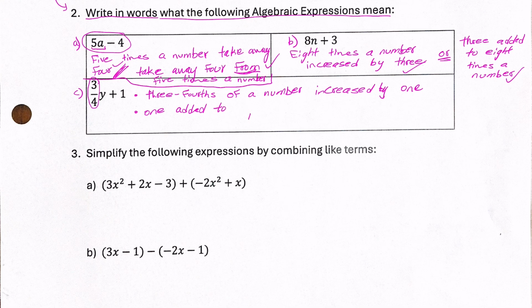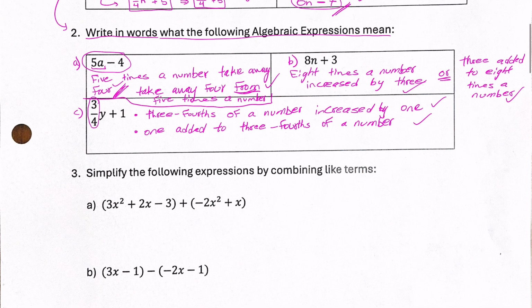Oh, see, I'm so tempted to write the number, but it just goes to show, I think in math, not in English, but yeah, it's an interesting challenge to go through the 2 languages, converting back and forth. But 1 added to 3/4 of a number. All right, so there are 2 ways of writing the same expression in English for 2C.